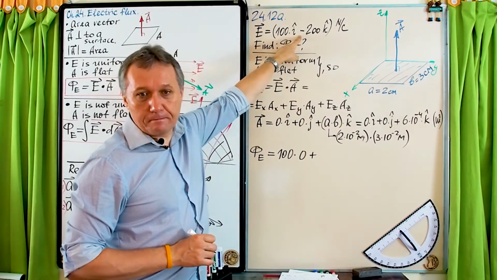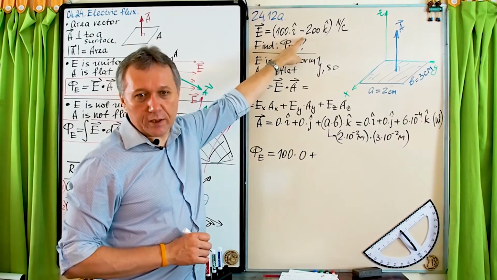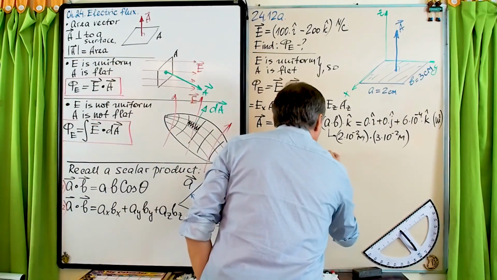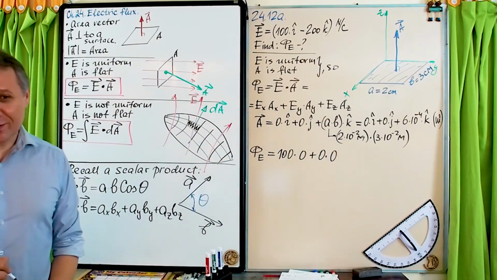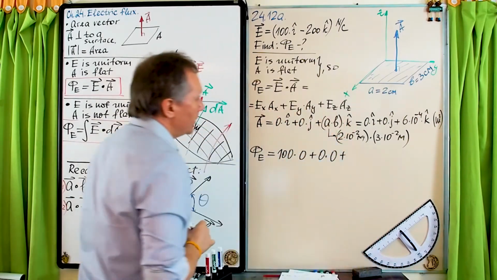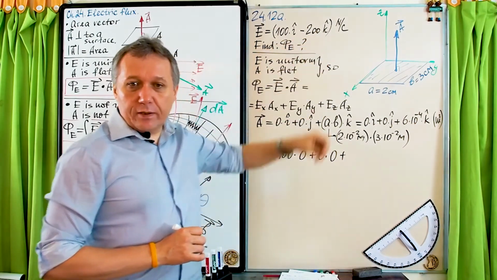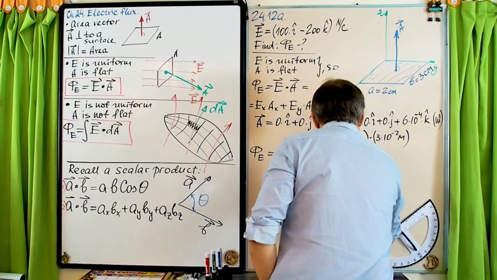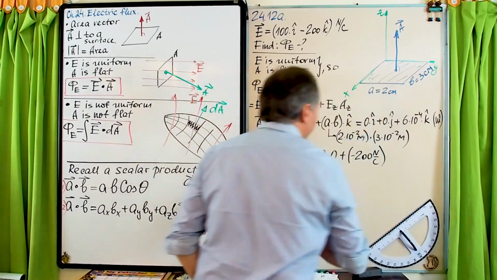It's not there. There is no j hat. It means the y component of the electric field is 0. So 0 times 0, because the y component of the area vector is 0 as well, and plus what? The z component of the electric field, negative 200. Don't forget about those minuses and pluses. They are crucial. Minus 200 newtons per coulomb.